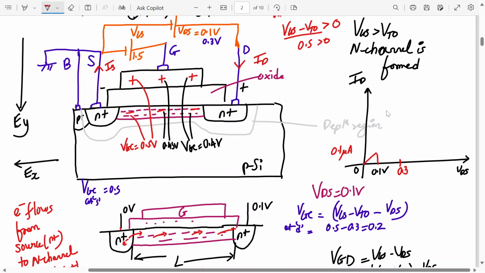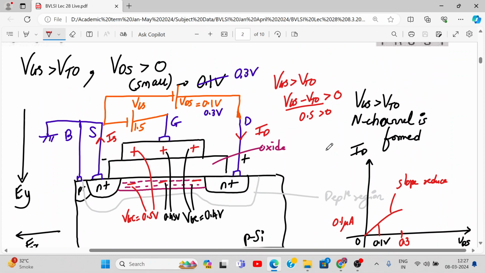Up to point 1 it was like this, it will reduce, yes. So slope will reduce because the area is reduced. Yes or no? Agreeing to this or no? Yes, sir. Now let's see one more document.